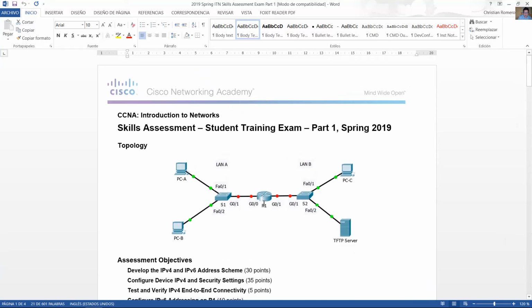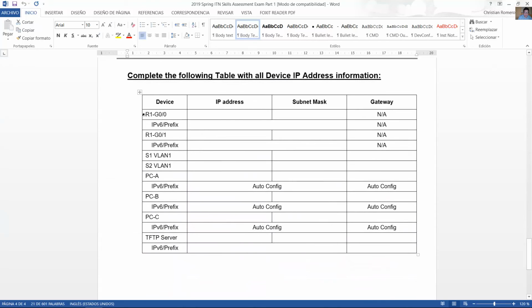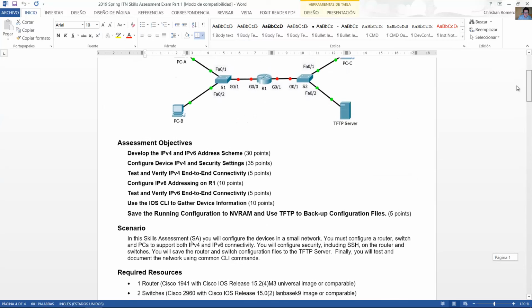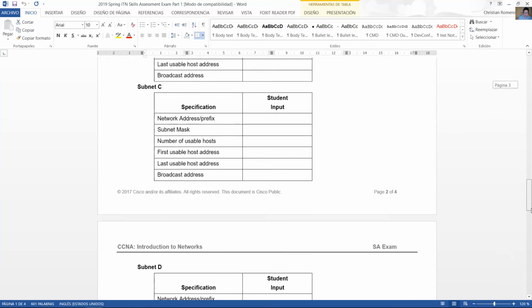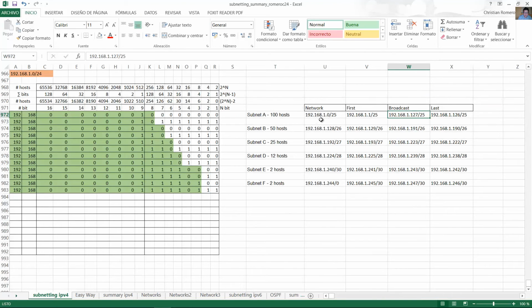Okay, remember there is a router, gigabit 0/0, gigabit 0/1, LAN A and LAN B. IPv4 IP address and subnet mask: gigabit 0/0 is LAN A. Okay, so use this IP and subnet mask, subnet A, LAN A, gigabit 0/0 first IP.